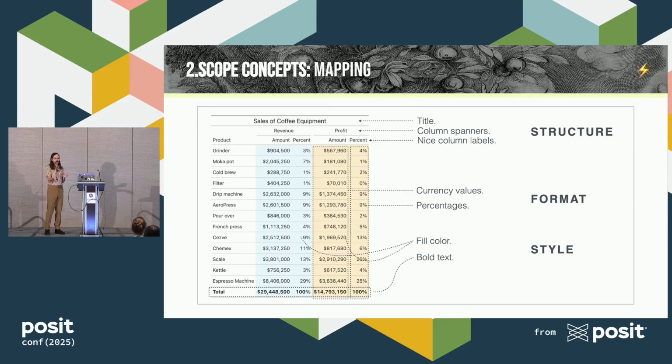When I show you this idea of structure, format, and style, this idea has caught on a bit. We've seen people use it when they're teaching workshops, and it's really been helpful for structuring our docs. But I can't emphasize enough that when we started this task, we didn't know these were the concepts we'd use. We actually had to do tons of diagramming and examples to understand that we might actually use these concepts.